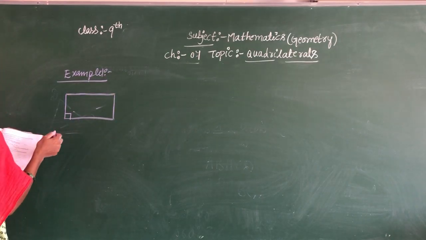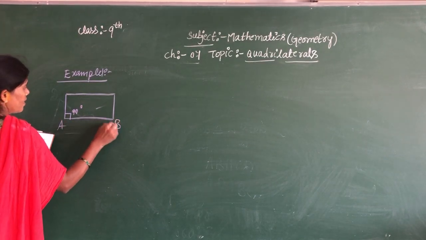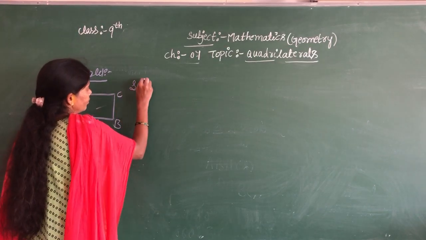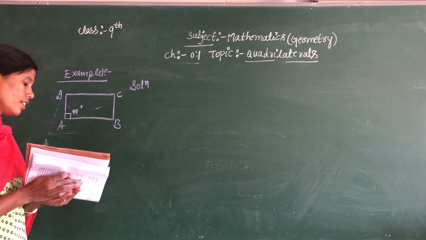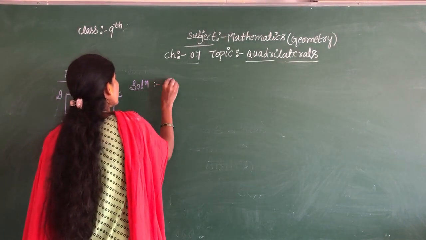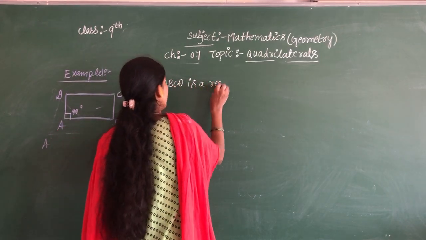This is how many degrees? This is 90 degrees. ABCD. Solution, children. What is the solution? ABCD is a rectangle.